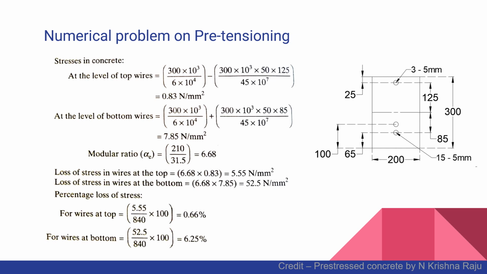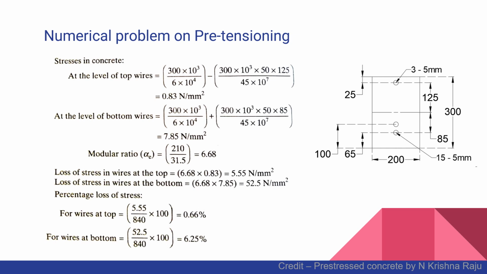At level of bottom wires, P by A plus, because at transfer below neutral axis, the fibers experience compression, P into e into YB. YB is 85 mm, which is distance between centroid of bottom wires to centroid of cross section, whole divided by I. Now calculate modular ratio, which is ratio of modulus of elasticity of steel to modulus of elasticity of concrete.